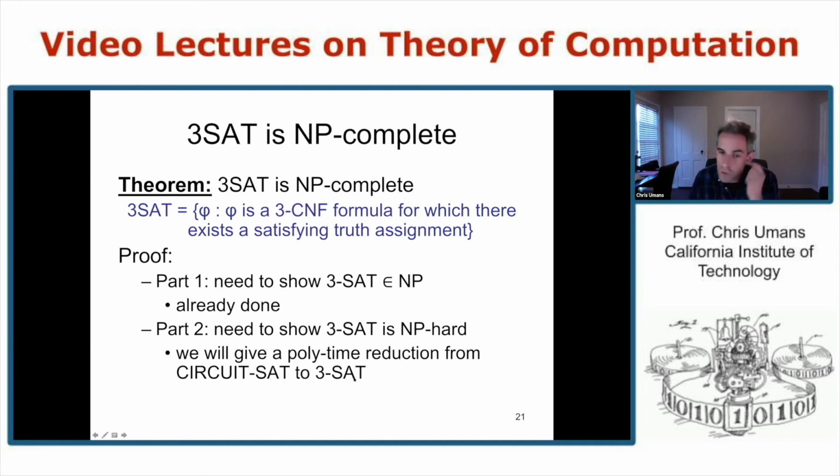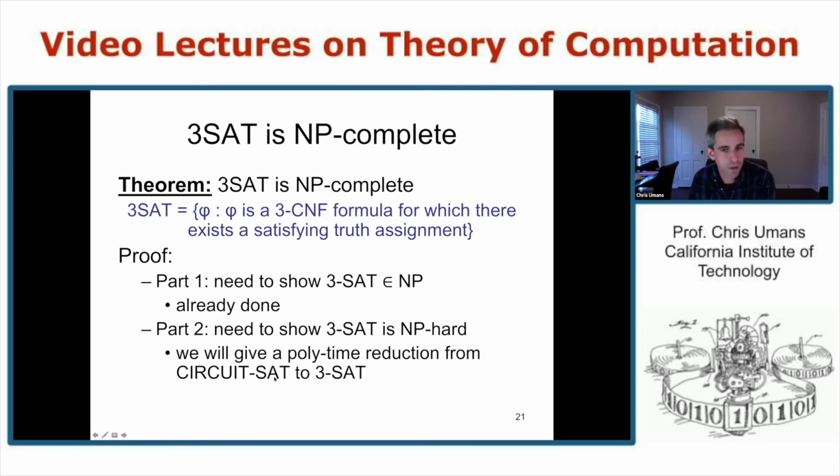Okay, so one of the things that's tempting is to observe that circuit SAT is a big Boolean circuit, and here I'm supposed to produce a circuit of a certain type. It's supposed to be just a big AND of ORs. So maybe I can come up with an equivalent circuit that computes the same function as the circuit that was the instance of circuit SAT.